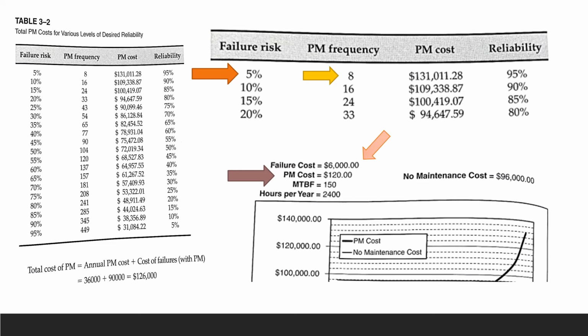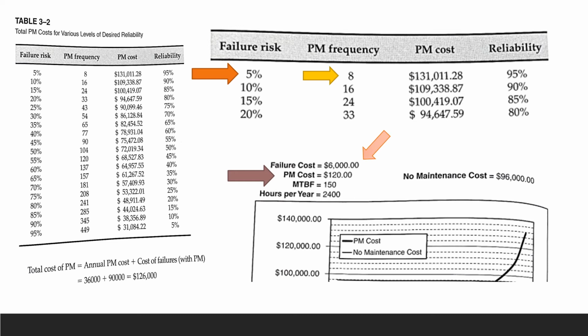Here, reliability is really high and going down, and this is the calculated preventive maintenance frequency that you have to do in order to maintain that reliability, and the cost.